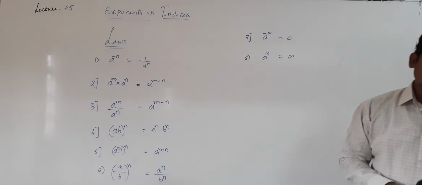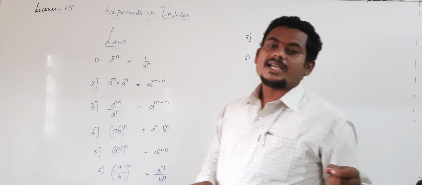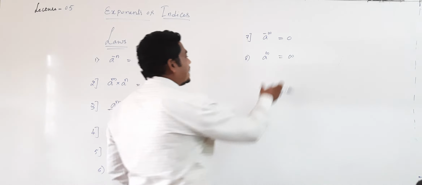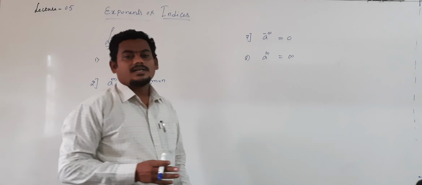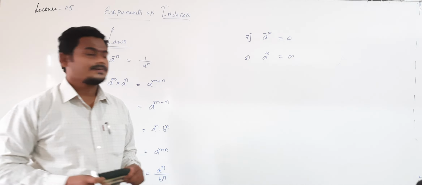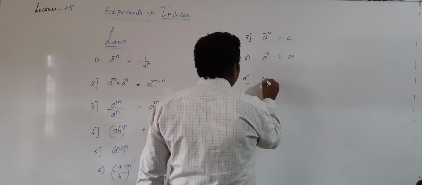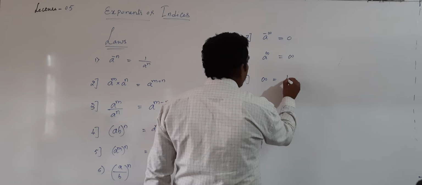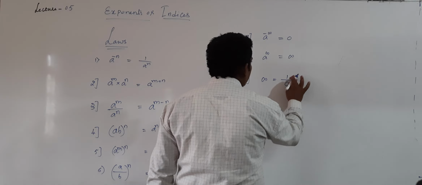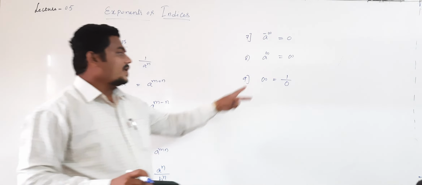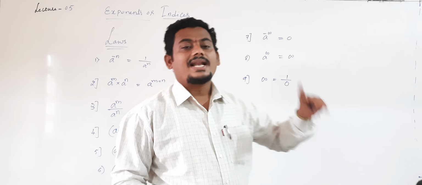Then what is infinity? Infinity is a very large number, or it is an undefined term. Infinity is nothing but 1 divided by 0. 1 divided by 0 is infinity, meaning not defined.